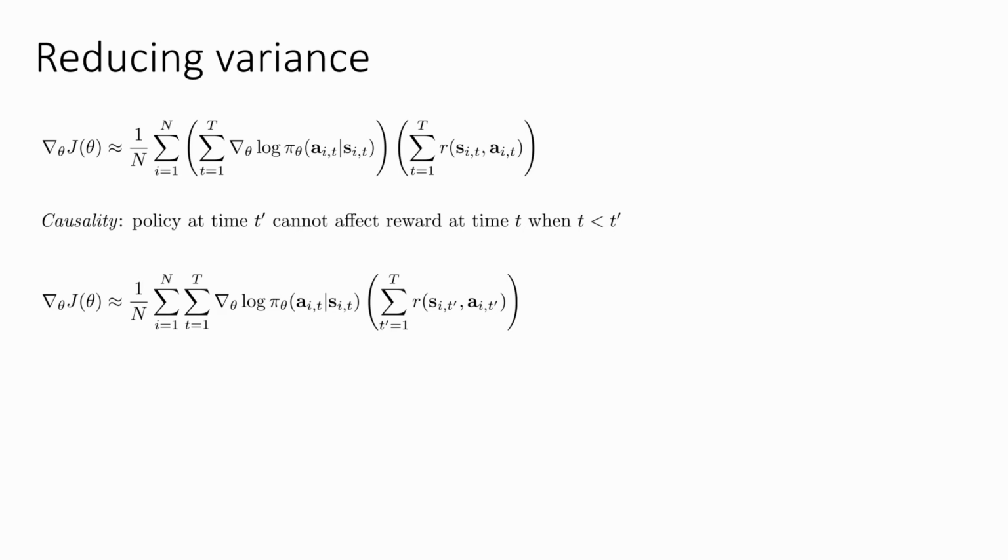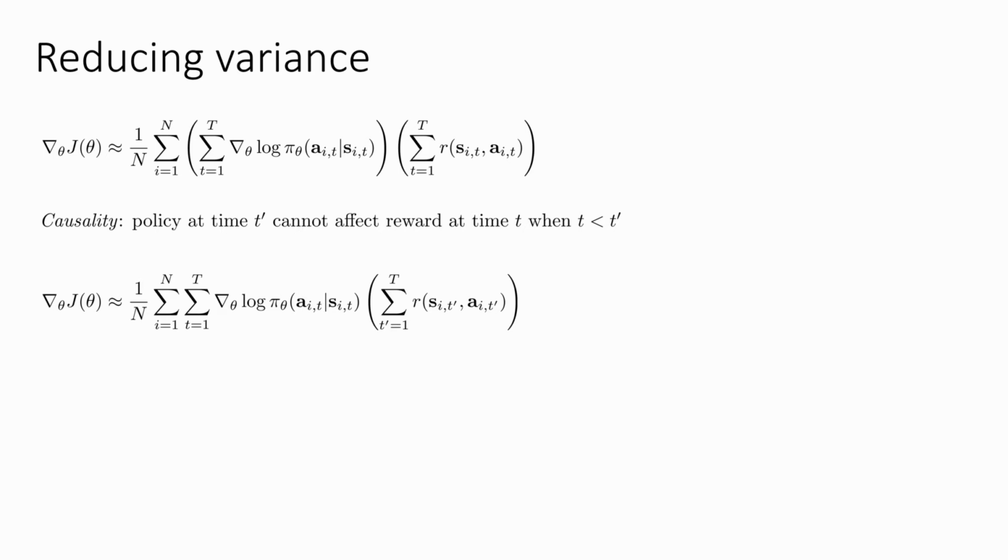And now, here I can actually make use of causality, because here I have the grad log probability of the action at time t, but it's being multiplied by a bunch of rewards that include rewards that happen after t and rewards that happen before t. But I know that the action that I take at time step t cannot affect the reward at some other step t prime that happened prior to that.